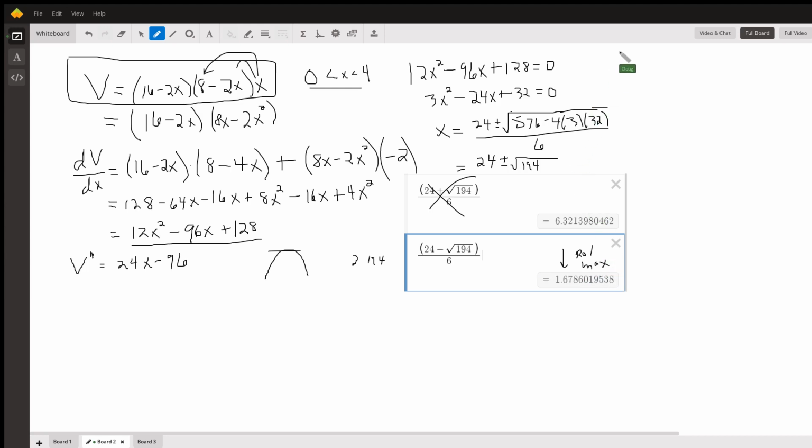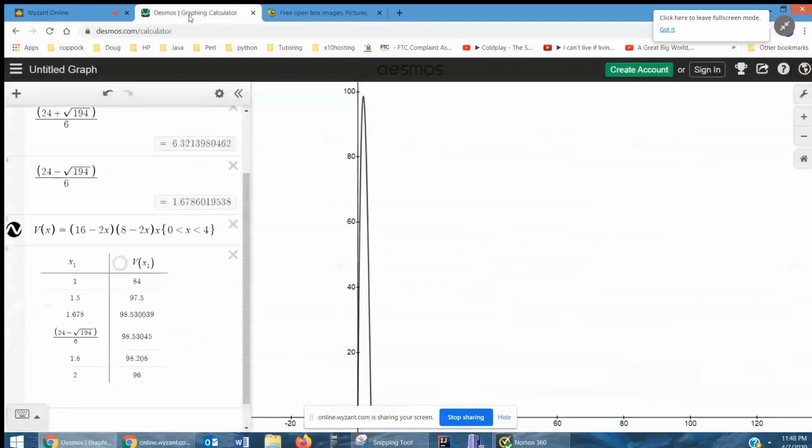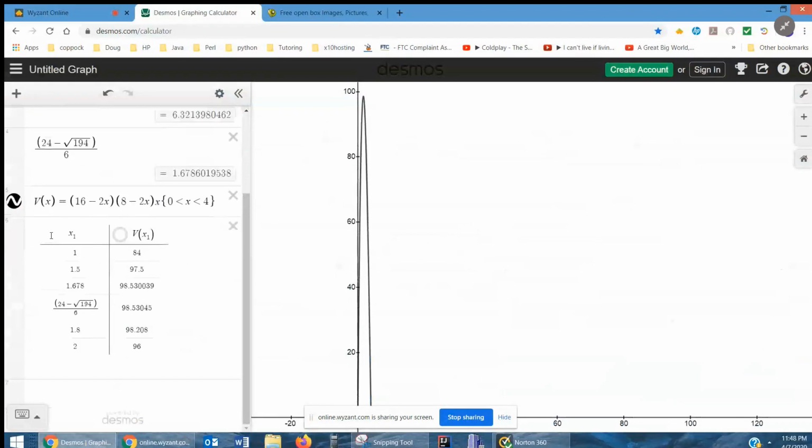Now, I will share my screen real quick. Go to Desmos, and here's the volume function right here, as depicted on the whiteboard. And here I've set up a table of possible x's.